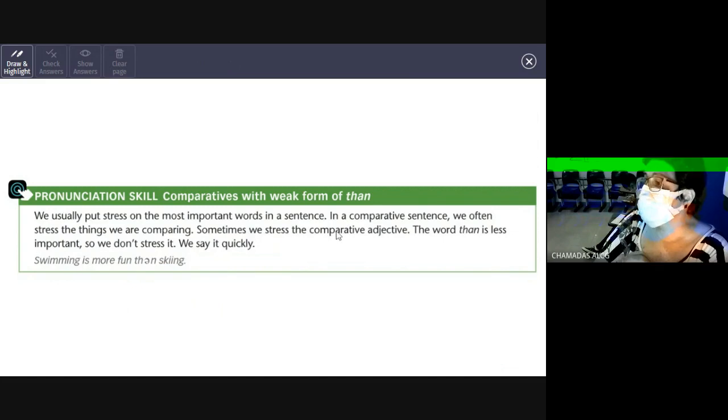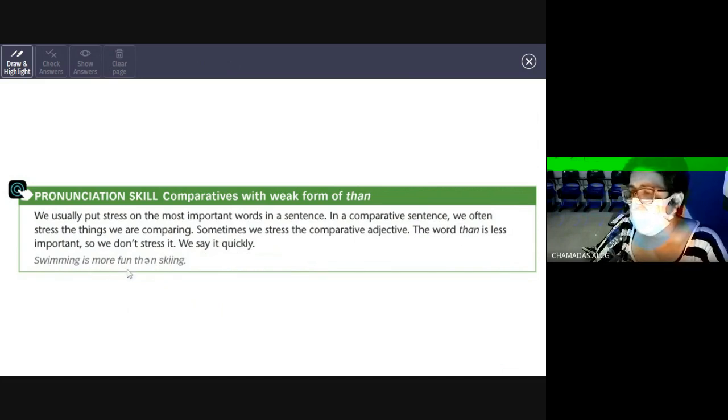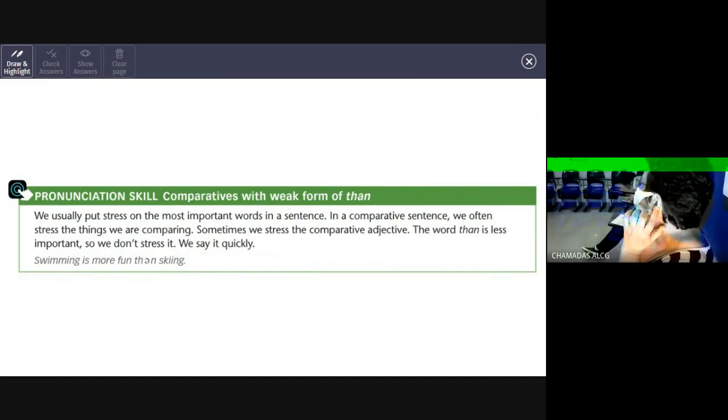Sometimes we stress the comparative adjective we are using, okay? The word than is less important, so we don't stress it. We say it quickly, right? Example, swimming is more fun than skiing. So you hardly hear the word than.